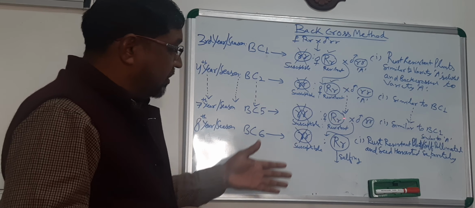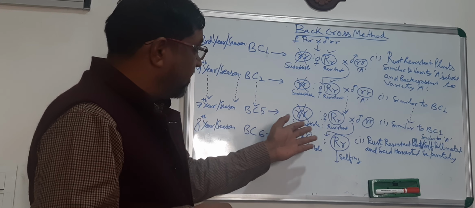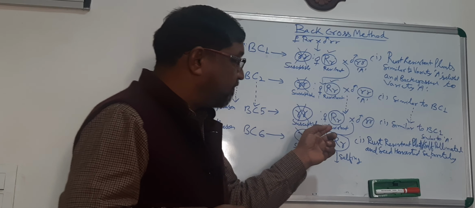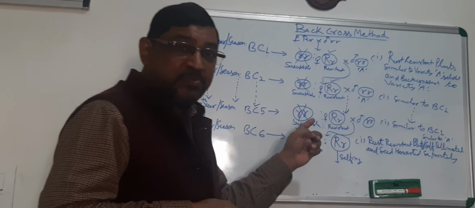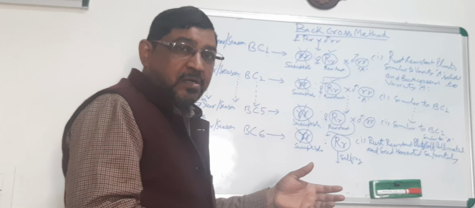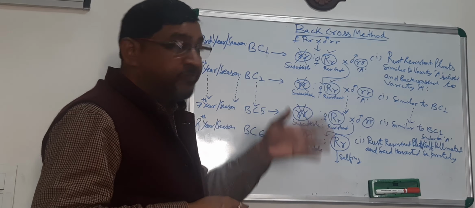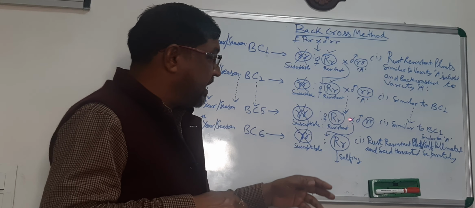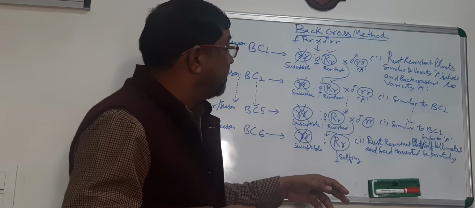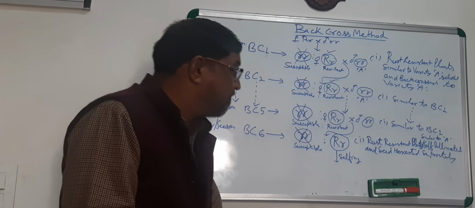So here also, in BC5, you are rejecting the susceptible, you are selecting the resistant plant, and that resistant plant which is closest in appearance, in phenotype, to your recurrent parent, and rust resistant plants similar to ACE, now you self-pollinate it.